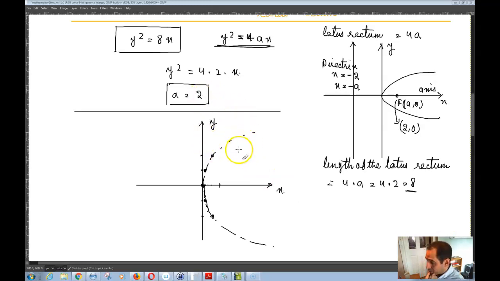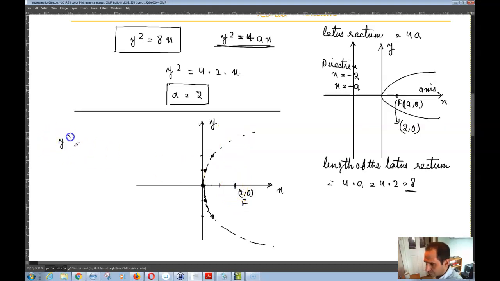Now you see that over here, if I set a is equal to 2, meaning that as we calculated here, the focus is 2 comma 0. So 2 comma 0 is your focus, the point of focus. And in order to see my latus rectum here, I need to know what exactly the value of y is at x is equal to 2.